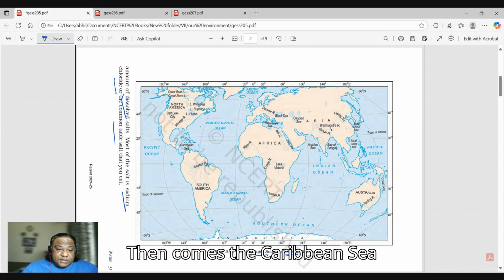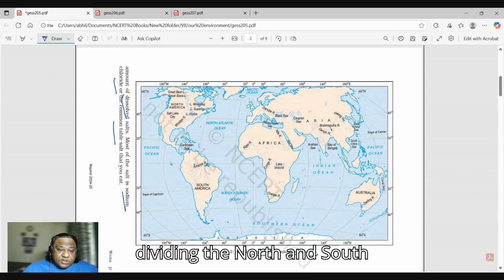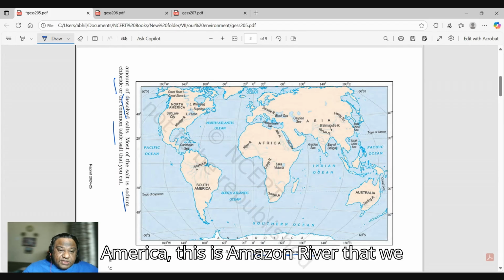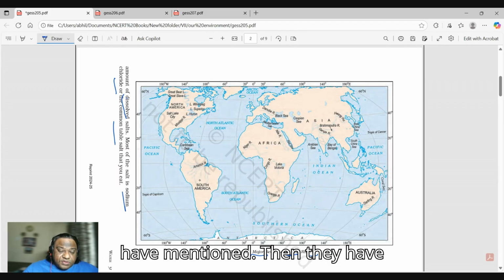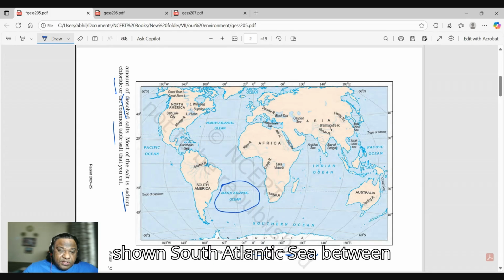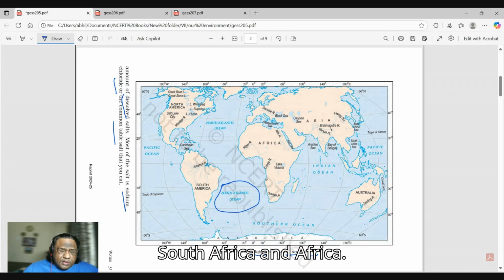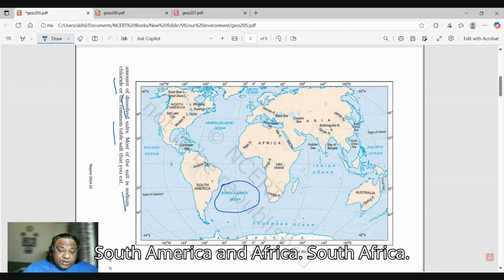Then comes the Caribbean Sea, dividing North and South America. On the left of this is the Pacific Ocean. In South America, this is the Amazon River that they have mentioned. Then they have shown the South Atlantic between South America and Africa.